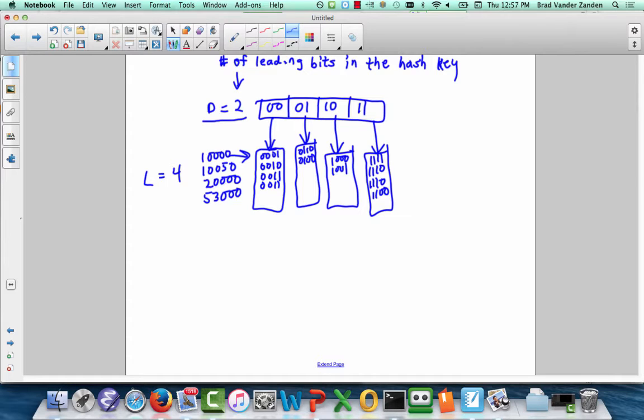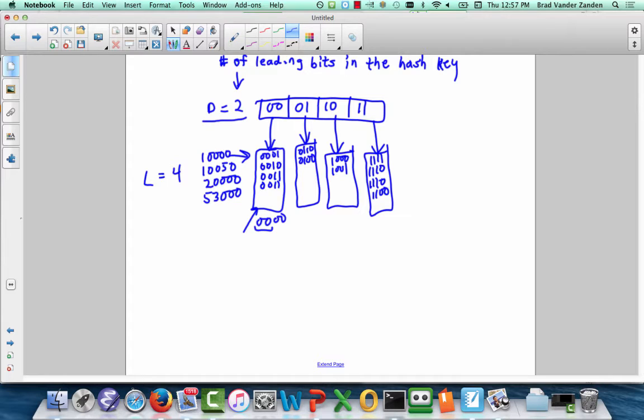So let's say we need to add a new key that is, let's say, 0, 0. So we look at the first 2 bits and we see that it's going to go into that block. But unfortunately, it's full, so we need to split it. What we do is we look at the 3rd bit.